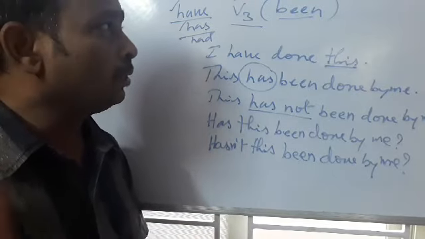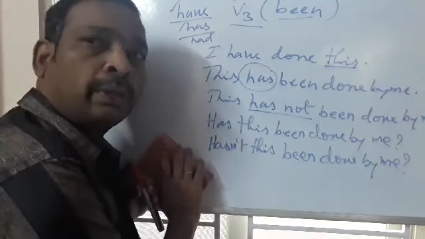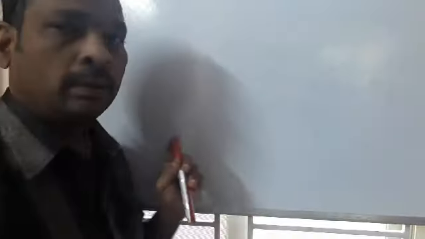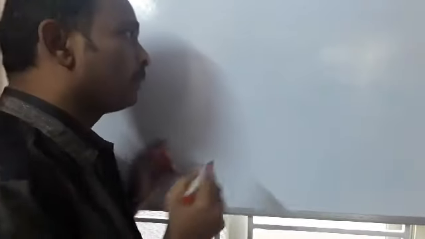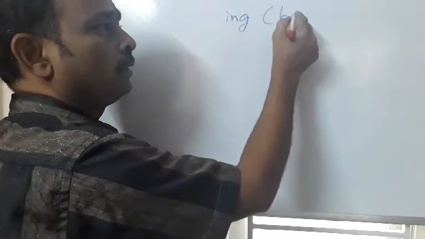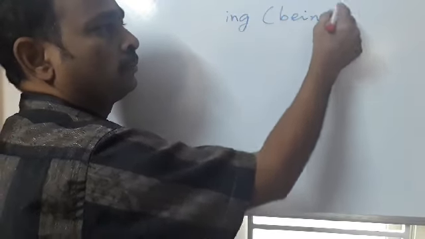Okay children, now let us see verb 4, that is ing form. Verb 4 is nothing but ing form. See, if ing form is there, we write being as be form.